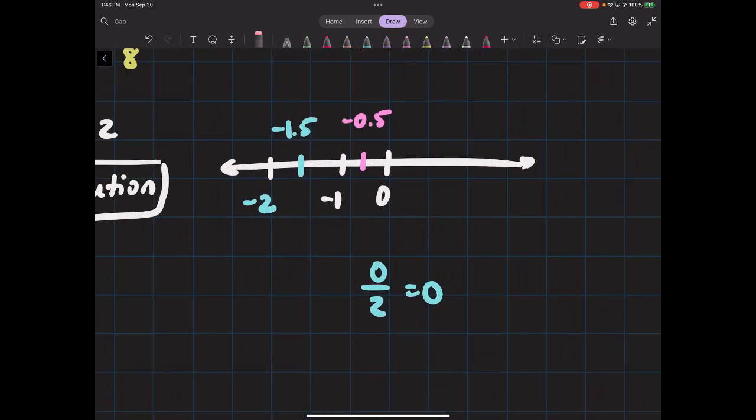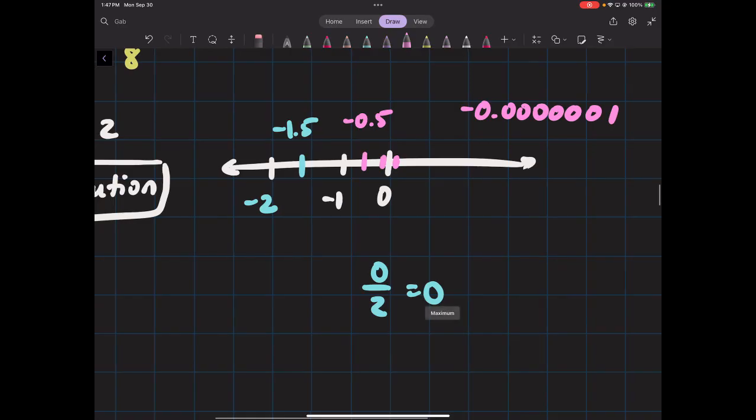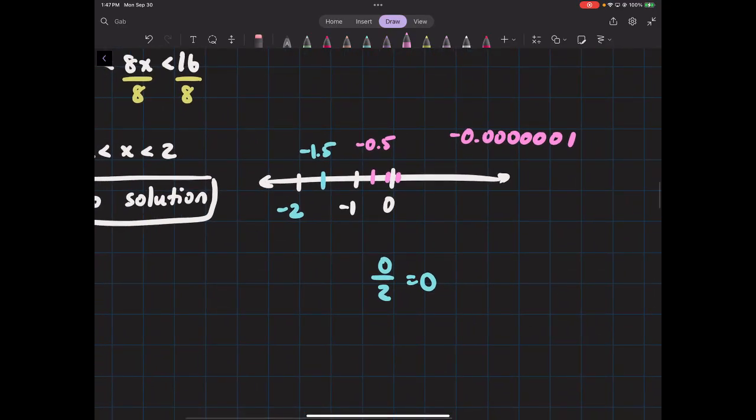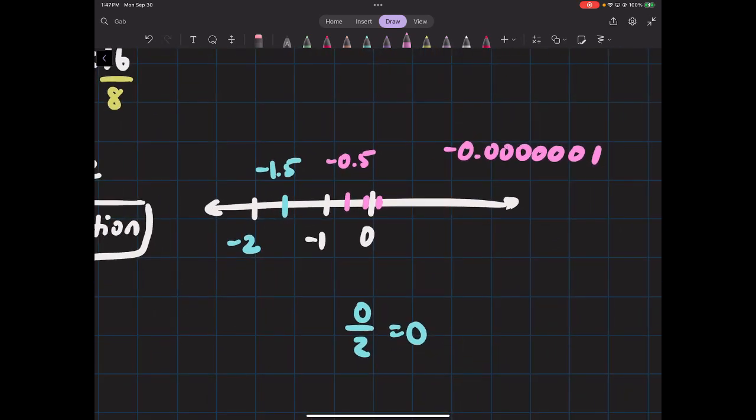Because what if you're really close, right? But then that's just negative 0.0000 whatever. Which is not half of 0. Wait. That's a really small number. Is that even a number? It is a number. No, because 0 is 0. It's really, really small.